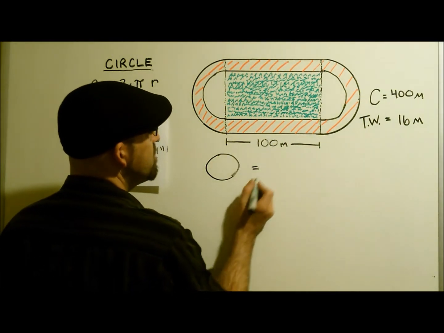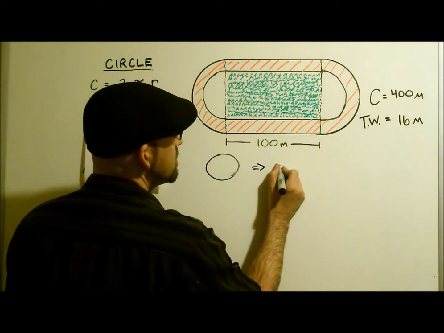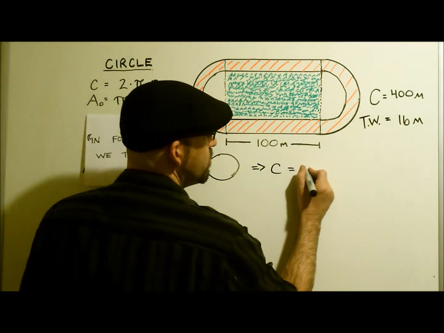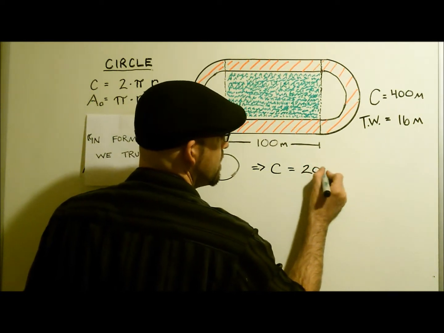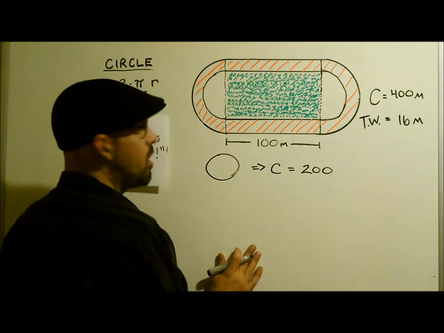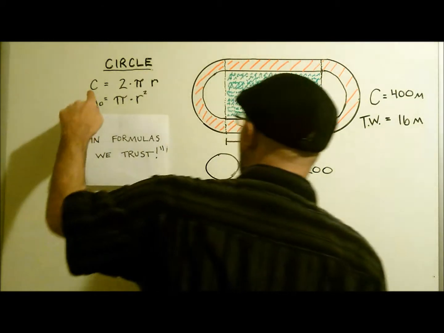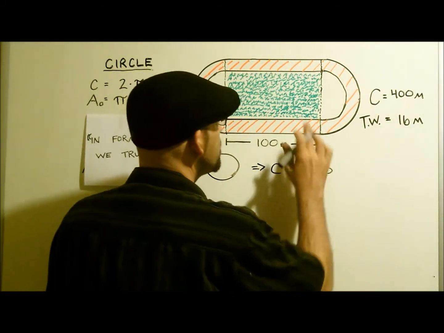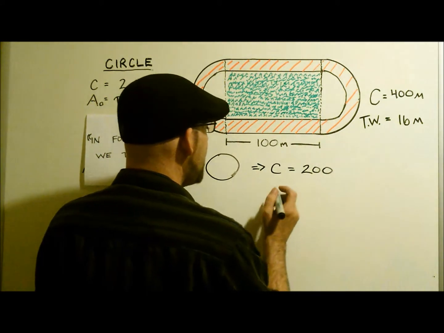The circumference equals 400 minus 200, which is 200. Now we can go to our formula bank and plug in C, because we know what C is. We don't know what the radius is, but I'm sure we'll find it out.